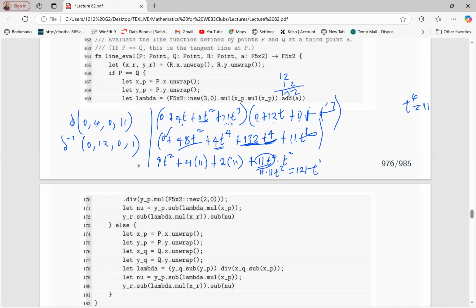So what is 121 mod 13? It goes there 9 times and the remainder is 3. So the whole of this is 3t squared. Now what do we have? We have 9t squared and 3t squared, which gives us 12t squared.